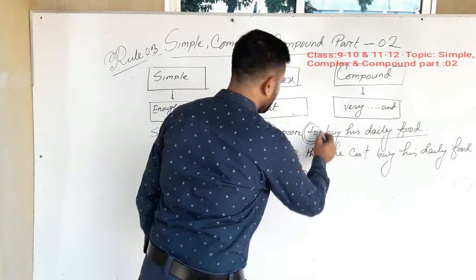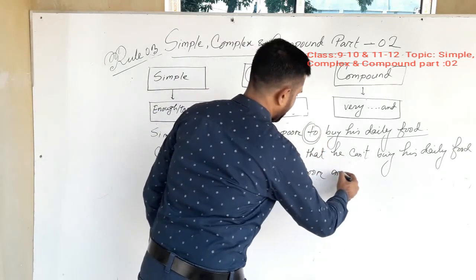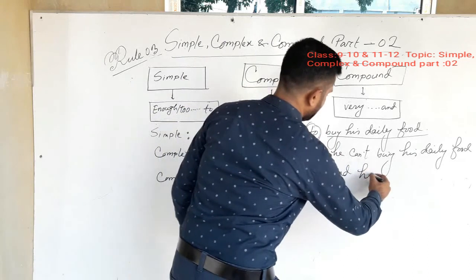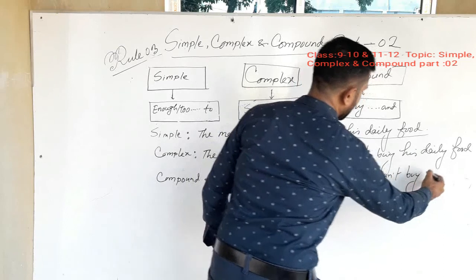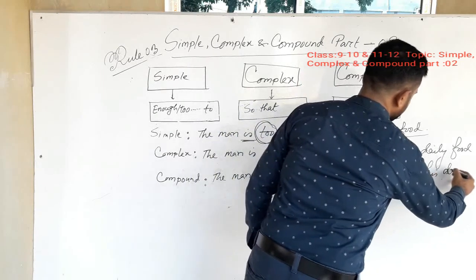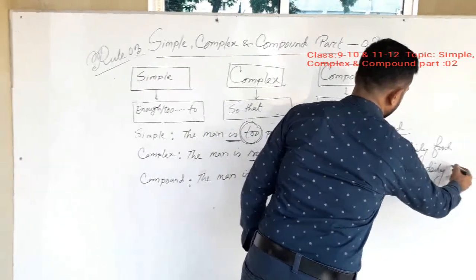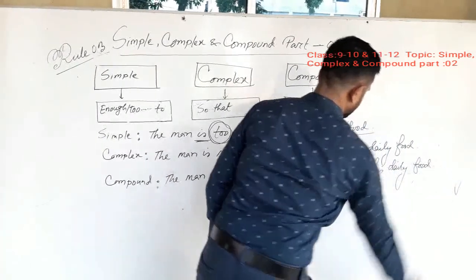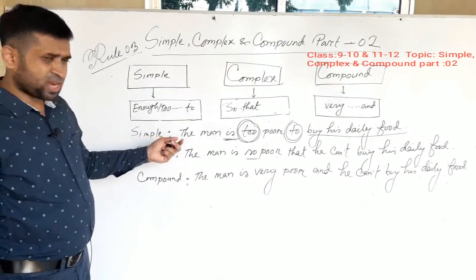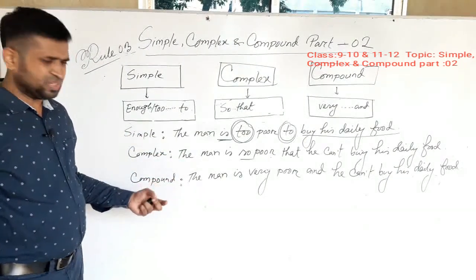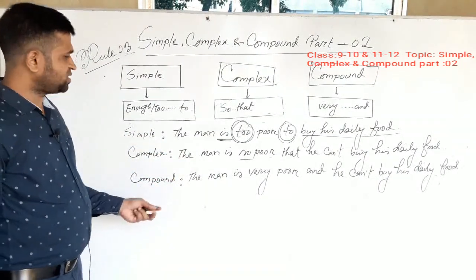Instead of "to", we can use "and": he can't buy his daily food. Dear learners, as our time is short, we can't give you a lot of time.